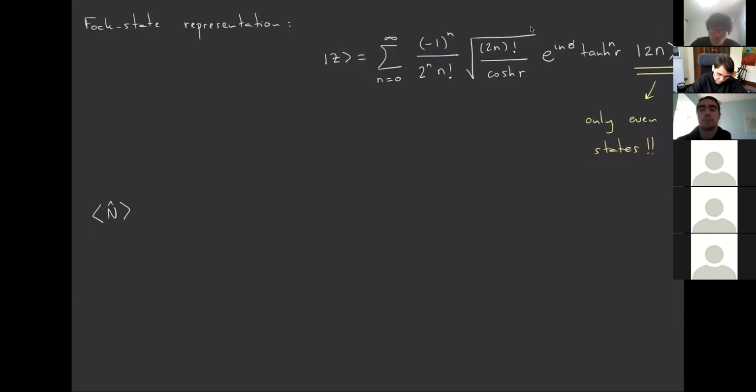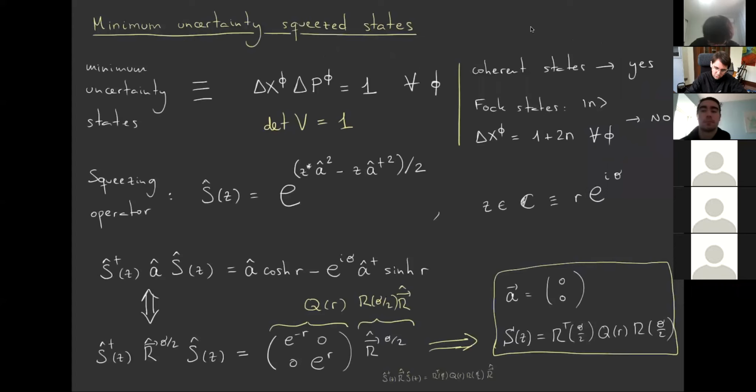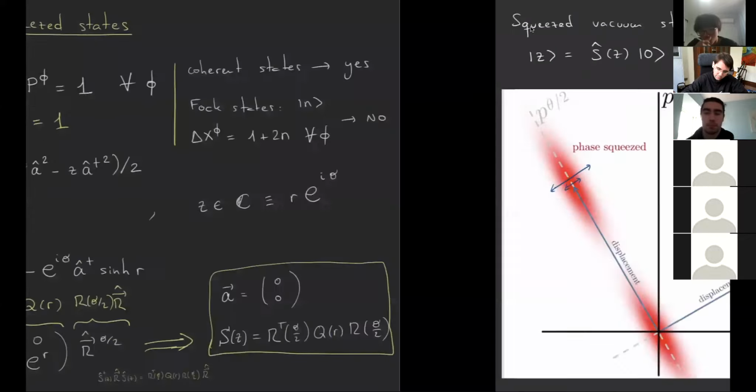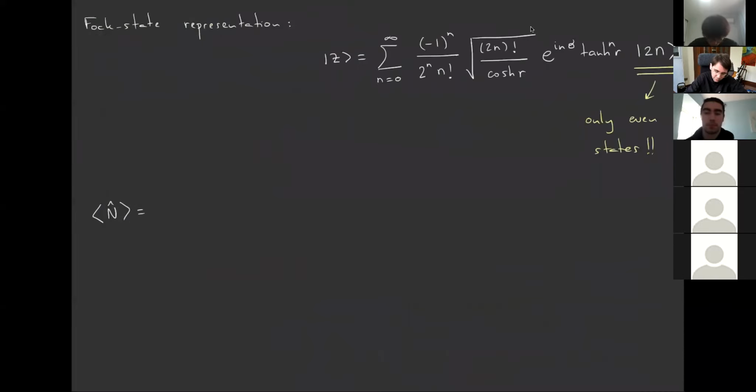And then the other important thing about the squeezed vacuum state is that it's very simple, so I recommend you try to calculate it as well. Just from this transformation here, this is the easiest to work with. You know how the a and a dagger operators are transformed through the unitary squeezing operation. And then it's very simple to check that in a squeezed state, the expectation value of the number operator is equal to the hyperbolic sine squared of r.